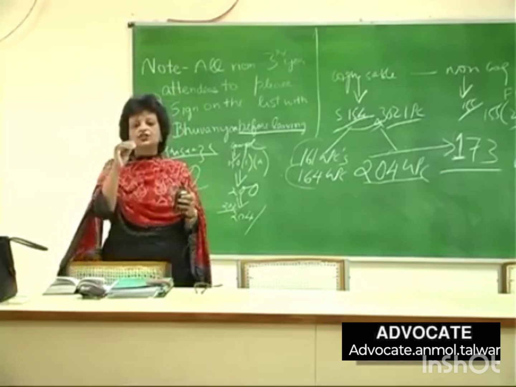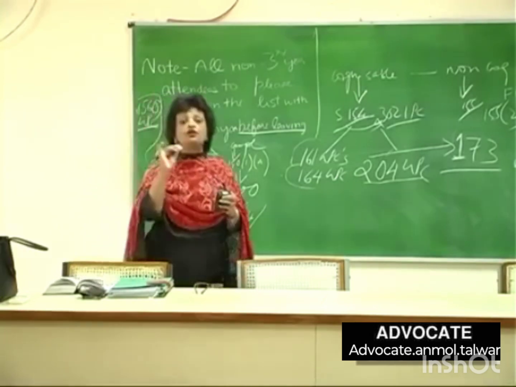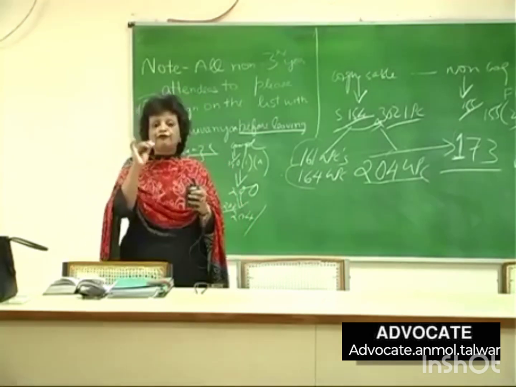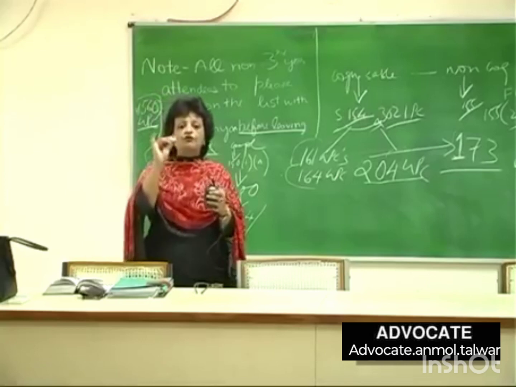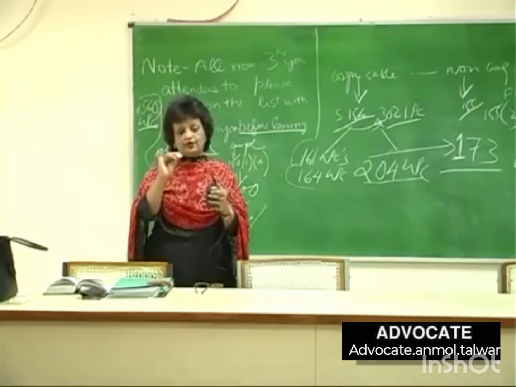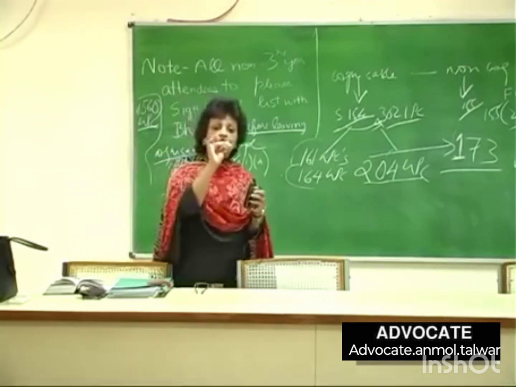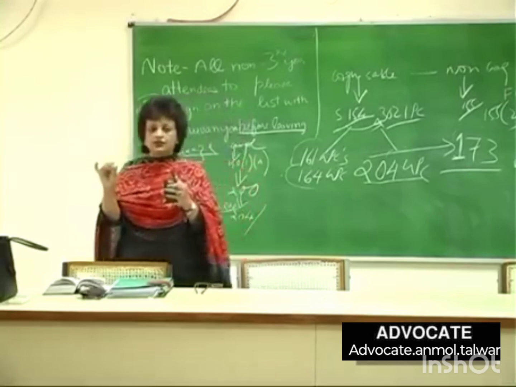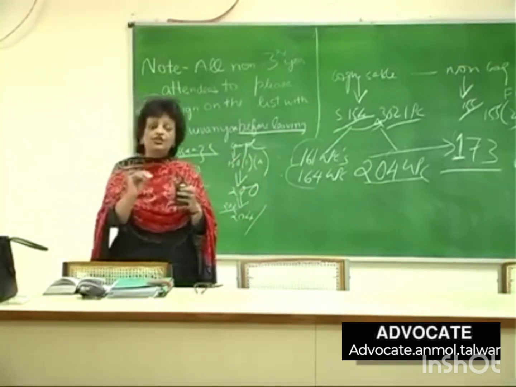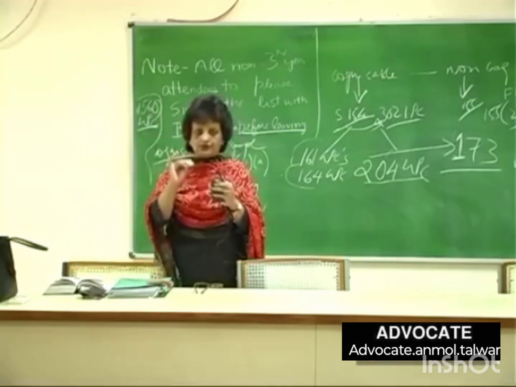Now, charge sheets, typically speaking, under ordinary and general law, are filed before a court of a metropolitan magistrate having jurisdiction. Right? So even a case which is triable exclusively by a court of sessions, under ordinary and general law, charge sheets are always filed before the court of a metropolitan magistrate.